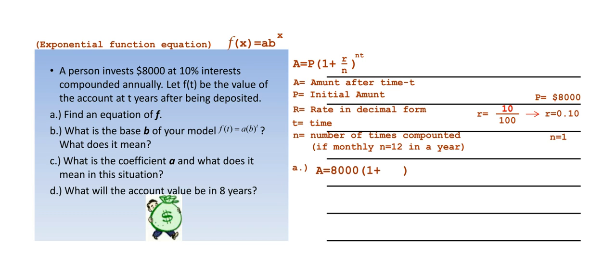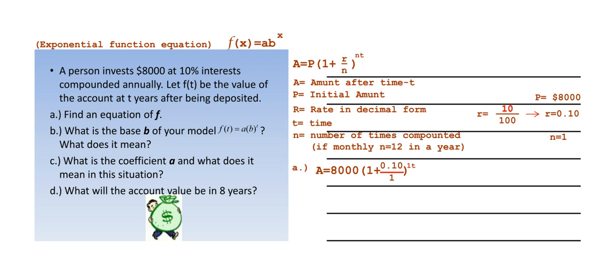So in this case, our equation reads A equals 8,000, that was our initial investment, times, in parentheses, 1 plus 10% as a decimal, 0.10, divided by 1, the number of times compounded per year, raised to the power of the n value, which is 1 times t.